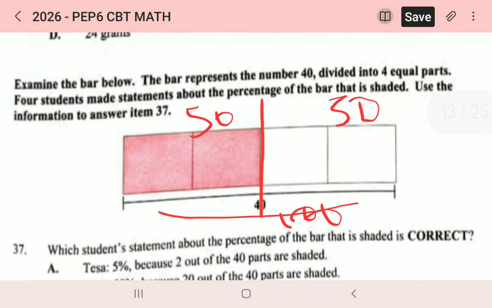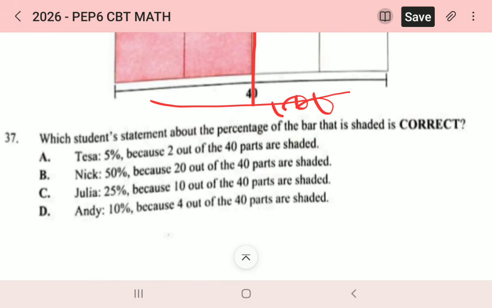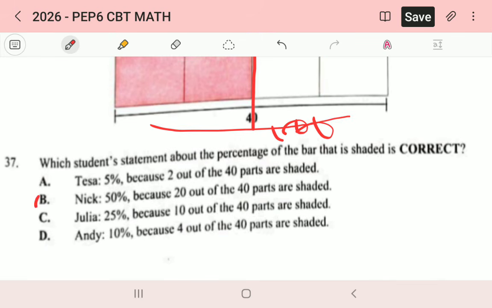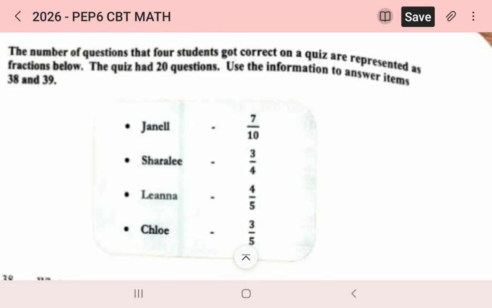So let's see what they're asking. Which student's statement about the percentage of the bar that is shaded is correct? You're looking for 50% shaded. That is at B. So this boy, Nick, says 50% is shaded because 20 of 40 parts are shaded, and 20 of 40 is a half, 50 is a half.